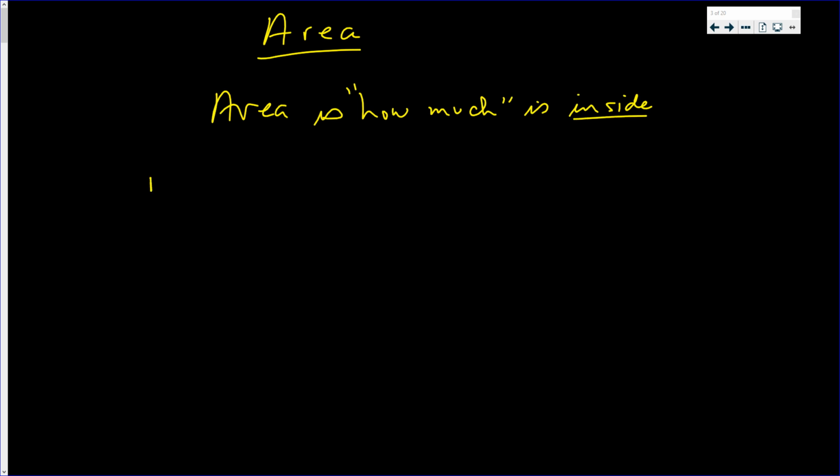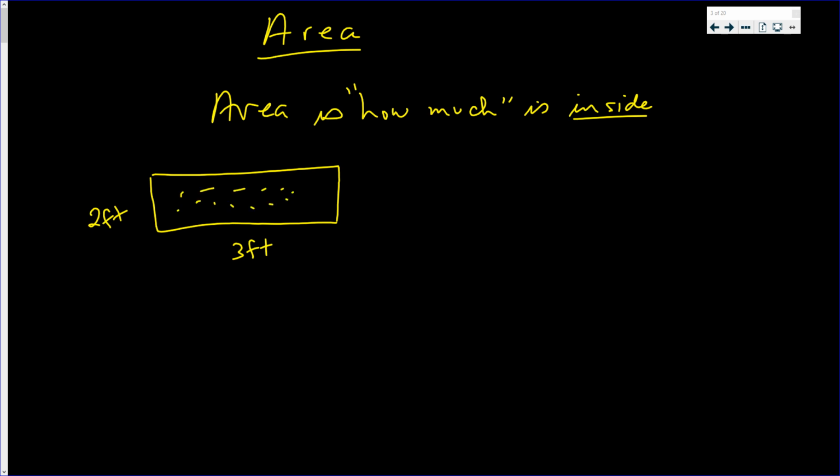For example, if you have a rectangle and it is 2 feet by 3 feet, we want to know how much is inside here. Not how much is along the sides, but how much is inside. It's very important that you understand this.